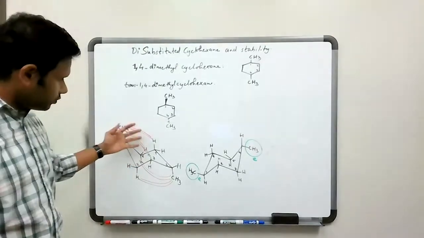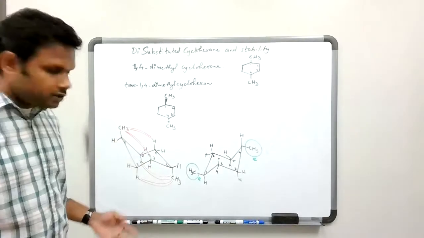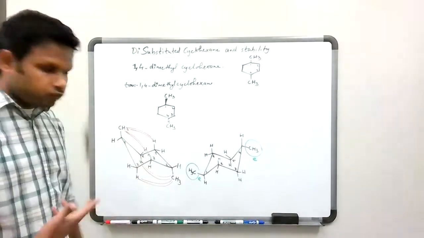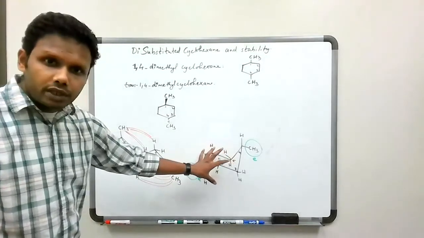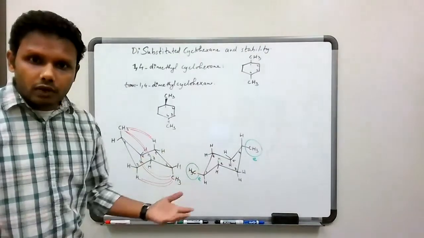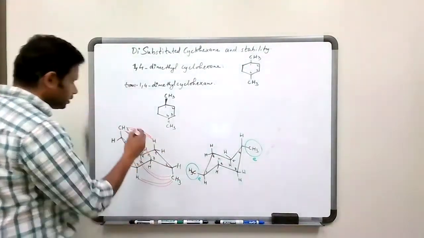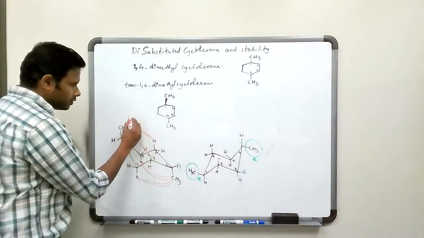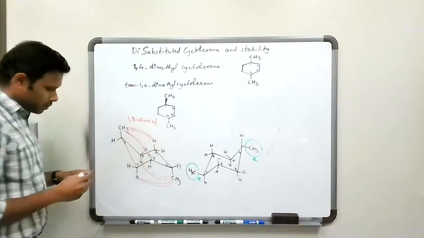So you notice how we have 4 1,3 diaxial interactions total, or 2 sets of 1,3 diaxial interactions here, whereas we have one conformation where there are no 1,3 diaxial interactions, and there are no gauche interactions either. We're not showing the gauche interaction here though, okay? So the red represents the 1,3 diaxial interaction.